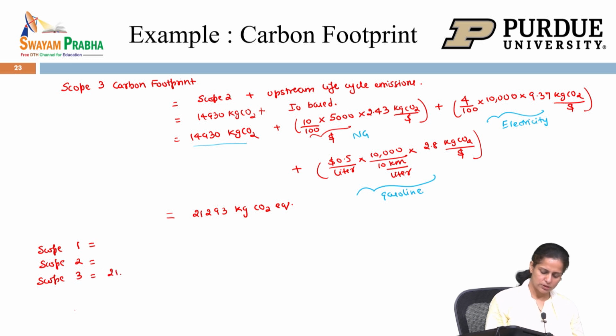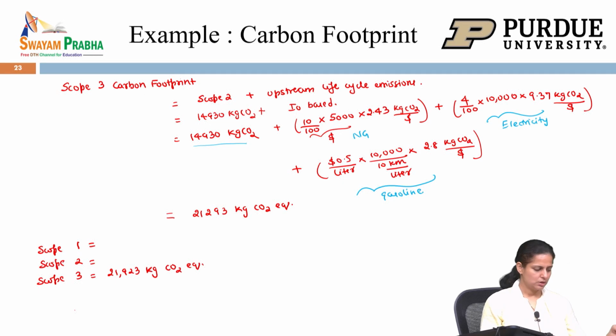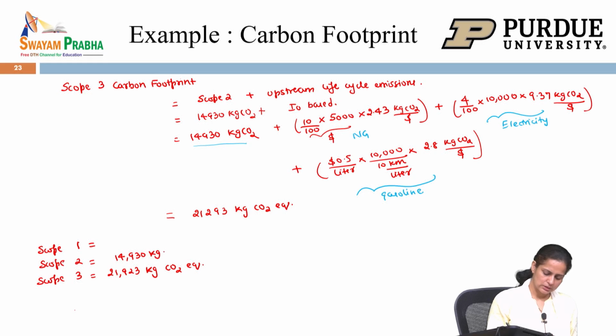So, scope 3 is 21,923 kg CO2 equivalent. Scope 2 is 14,930 kg CO2 equivalent, and then scope 1 was 11,930 kg CO2 equivalent.